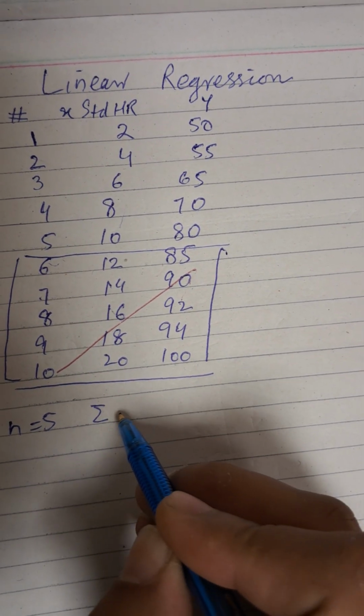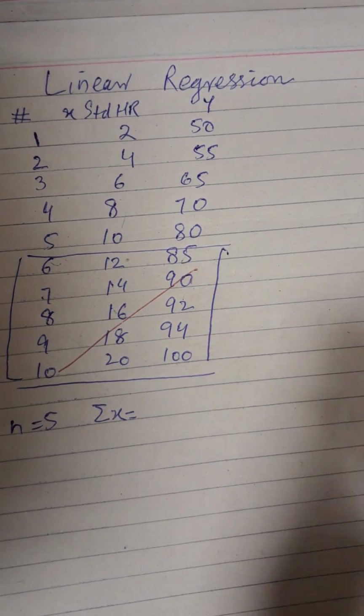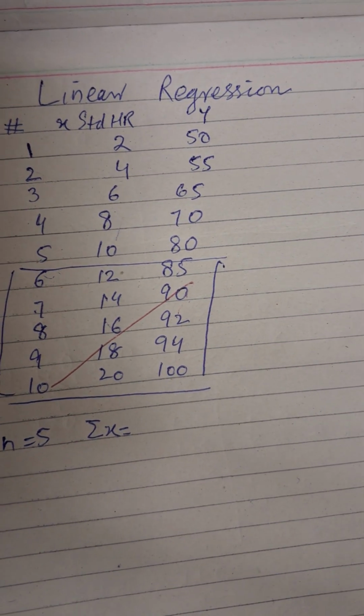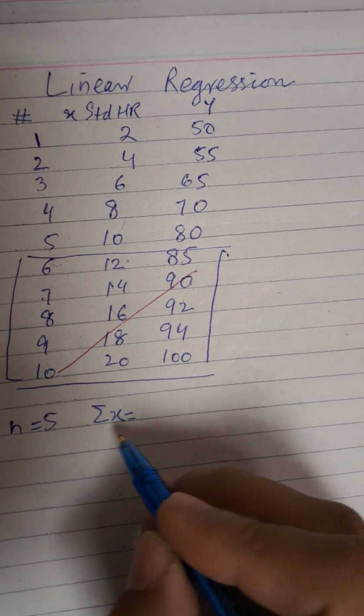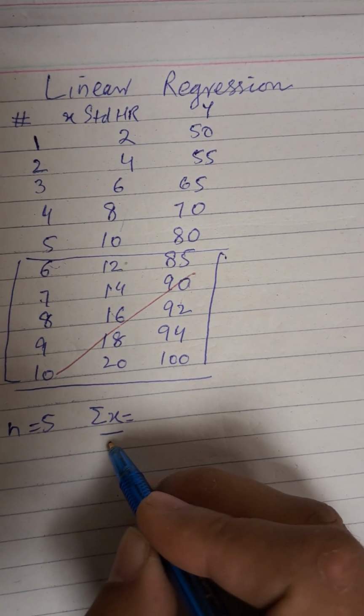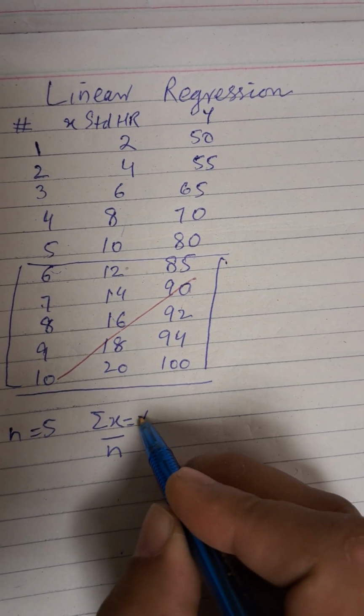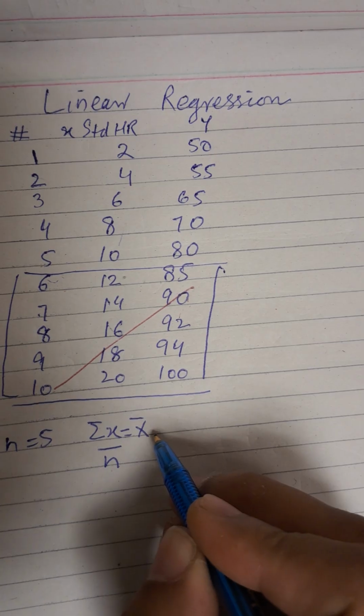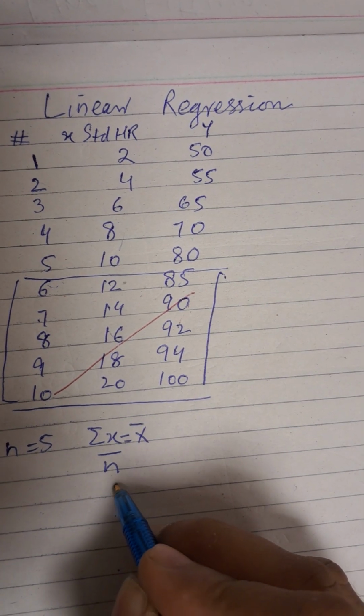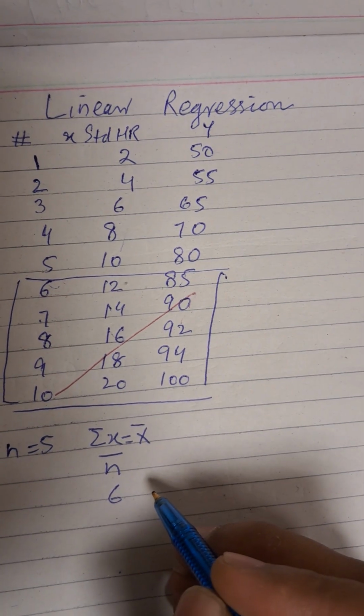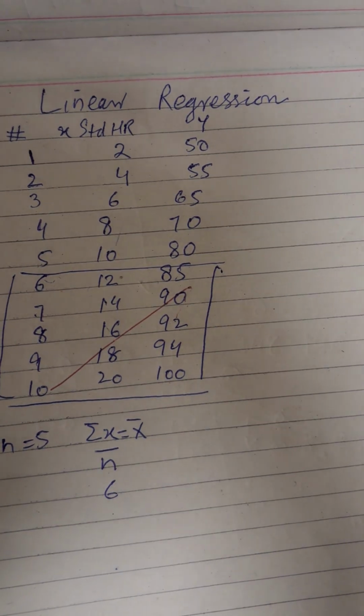The sum of x is 30, and if we divide it by n, it is called the mean of x, and the mean of x for us is 30 by 5, that is 6.